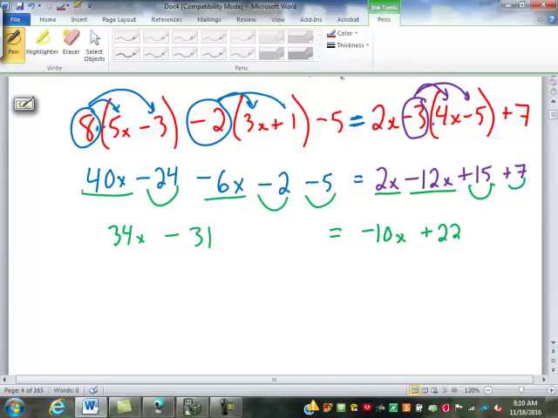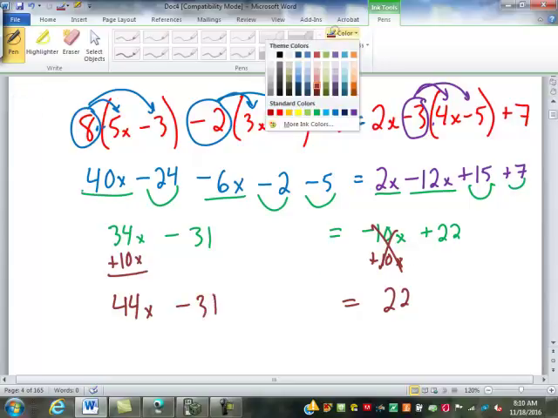What do I do then? There's an x on each side. So I'm going to get rid of the smaller one. The negative 10x is the smaller one, so to get rid of it, I'm going to add 10x. So that cancels out to be 0. Leaves me with 22 over here. I have to add 10x to the other side. So 34 plus 10 is 44x. So 44x minus 31 equals 22.